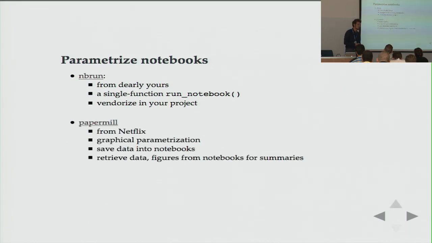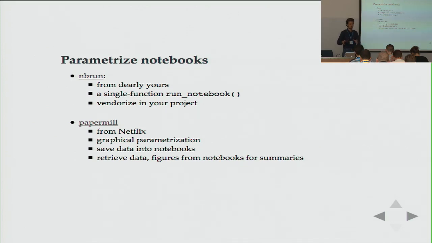The smart way to do it is to use Papermill from Netflix, because I just discovered a few weeks ago, when there were those 2 blog posts about how Netflix uses notebooks internally, this package called Papermill that does exactly the same thing in a much nicer, more sophisticated way. It allows you to parameterize notebooks graphically if you use the nteract interface to show notebooks, and has other fancy features like saving data inside the notebook.